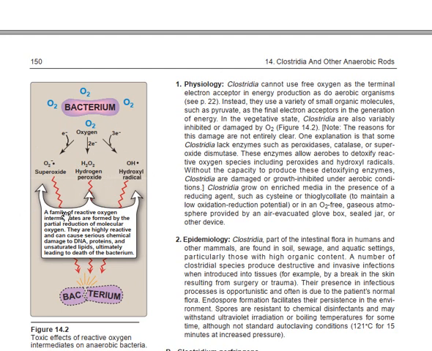These are the families of reactive oxygen species, intermediates formed by partial reduction of molecular oxygen. They are highly reactive and can cause serious chemical damage to DNA and protein, ultimately leading to the death of anaerobic bacteria.